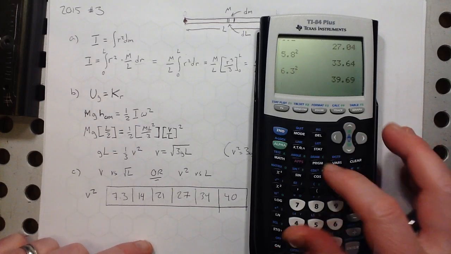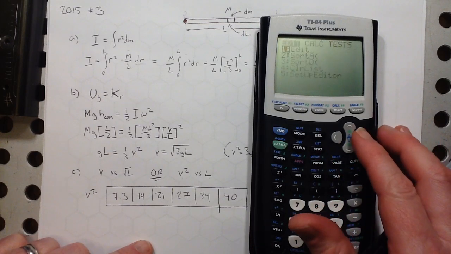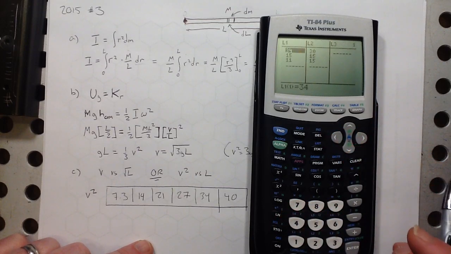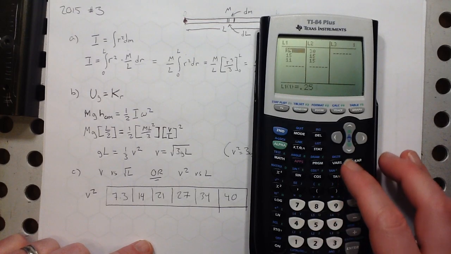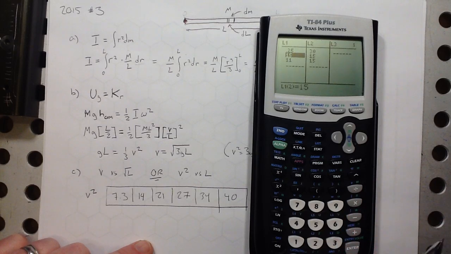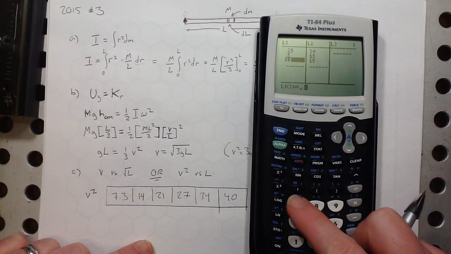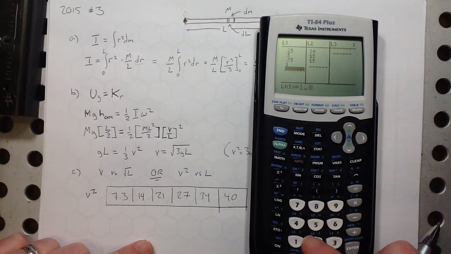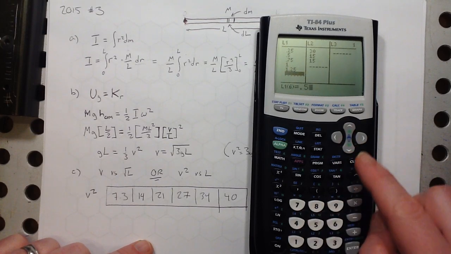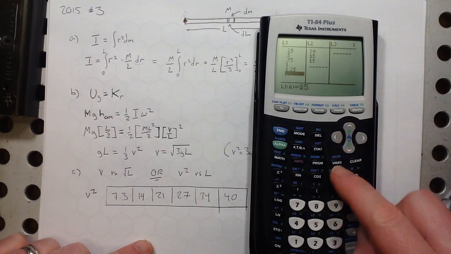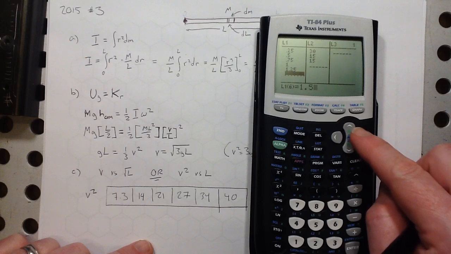Okay, I'm going to go to my stat menu and go ahead and put in L1 the lengths, so 0.25 and 0.5, 0.75, 1, 1.25, and 1.5 rather.